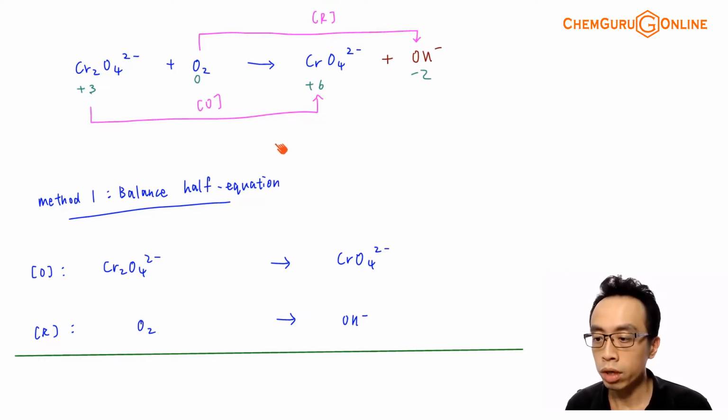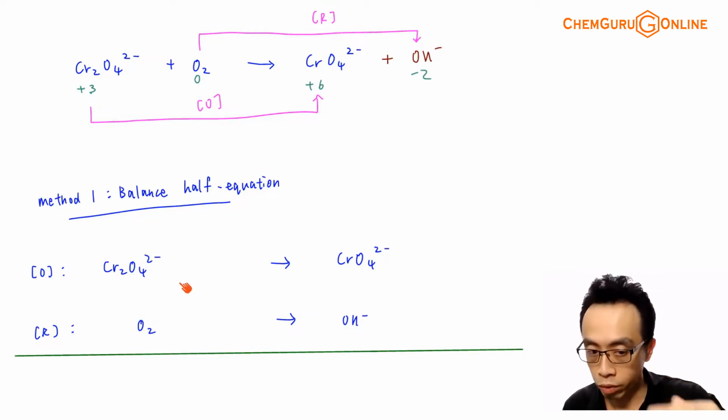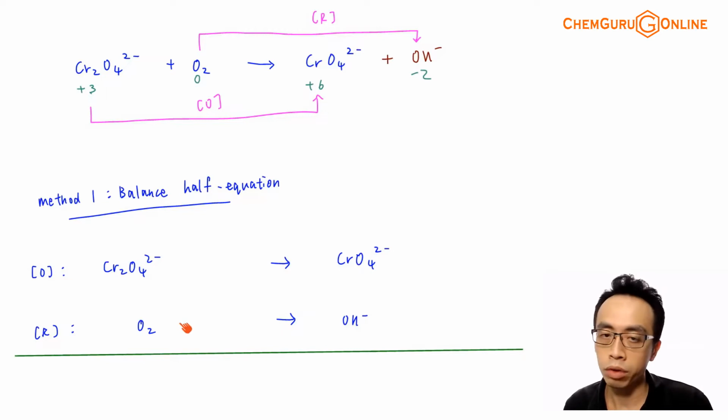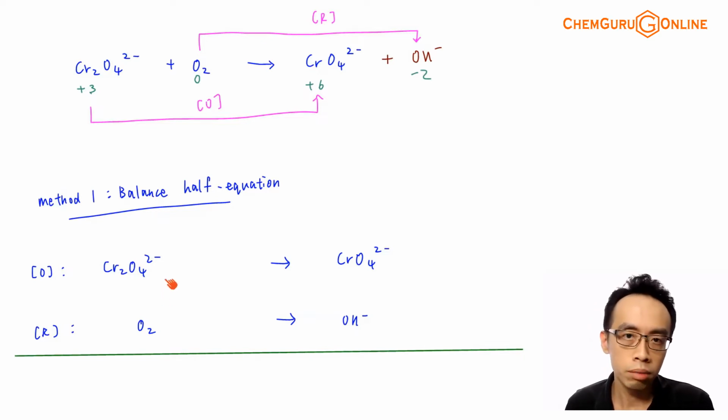What we can do is balance the oxidation half equation in acidic medium, balance the reduction half equation in acidic medium, then add the 2 half equations together, then convert this to alkaline medium. But it actually isn't really necessary to convert to alkaline medium, since converting from acidic medium to alkaline medium doesn't affect the mole ratio, and therefore it doesn't affect the answer.